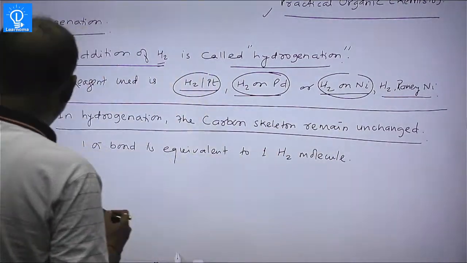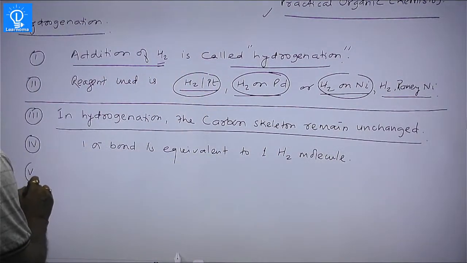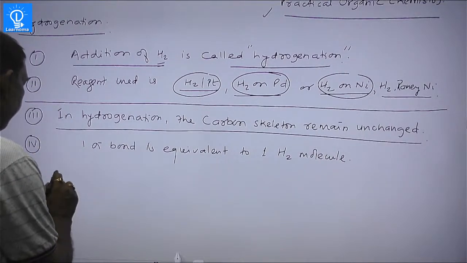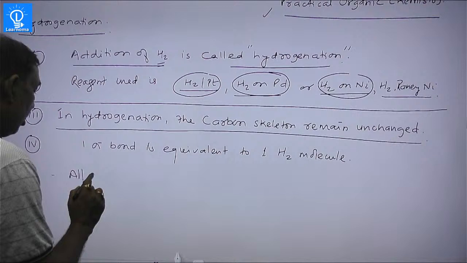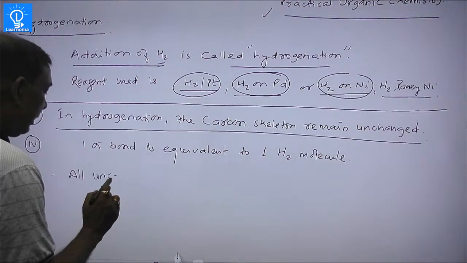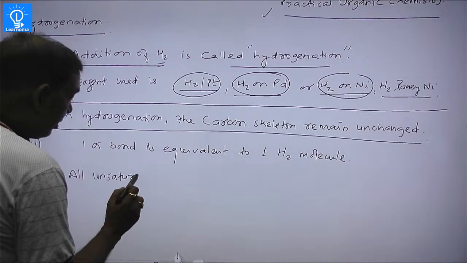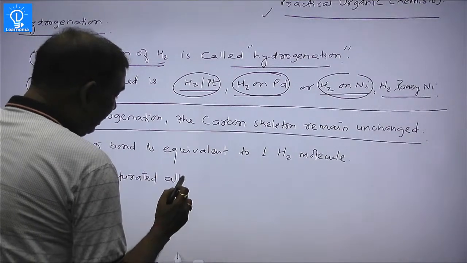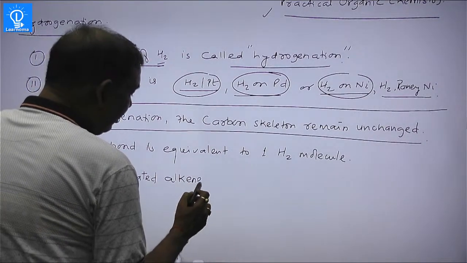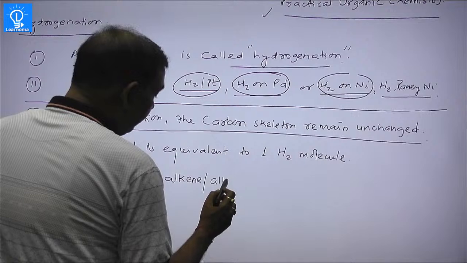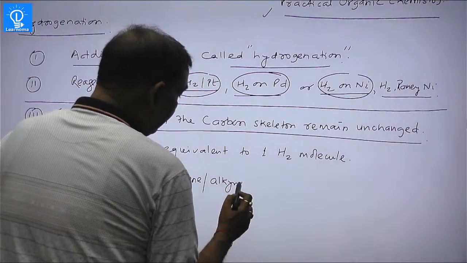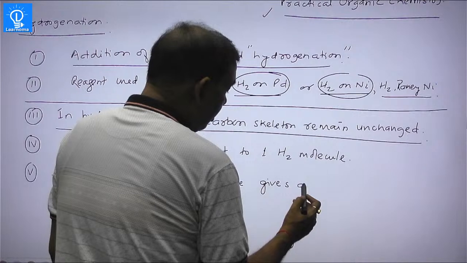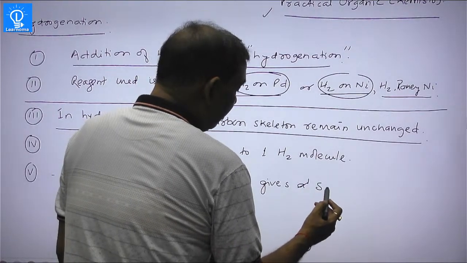And fifth, in this process, all unsaturated alkene or alkyne gives saturated alkanes.